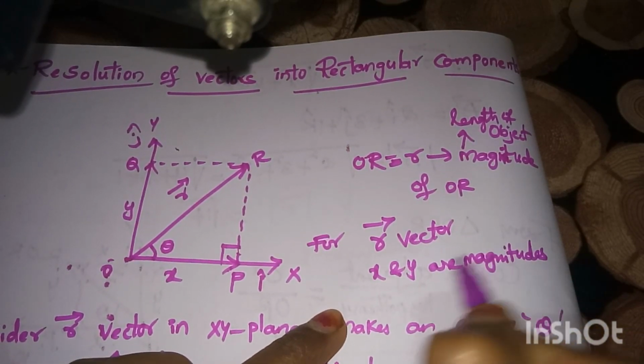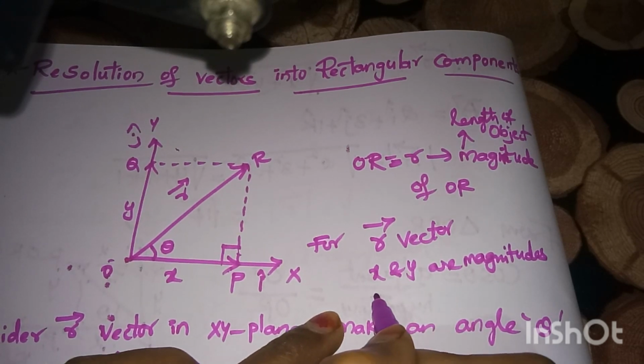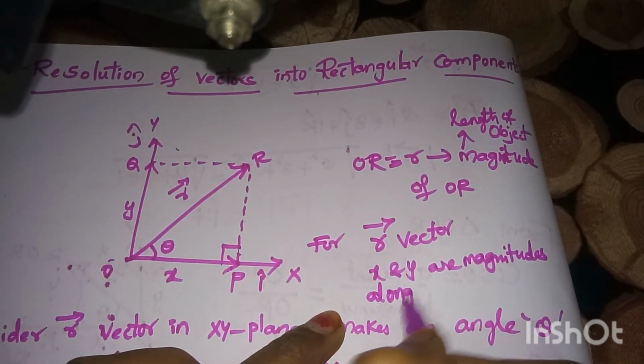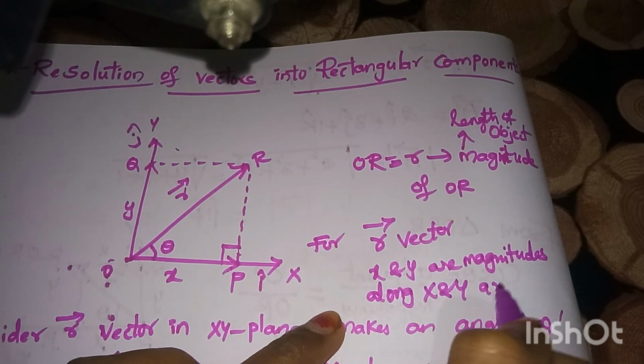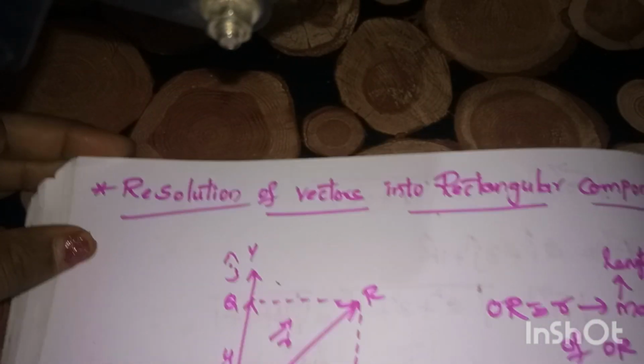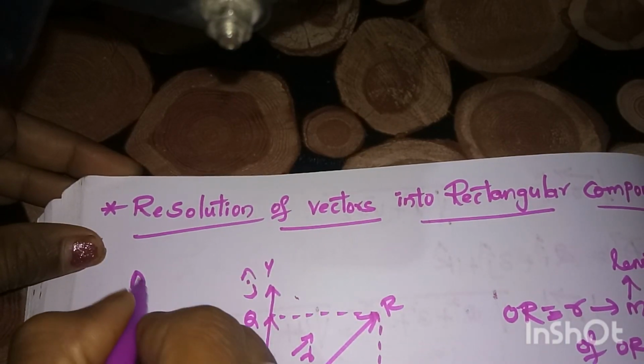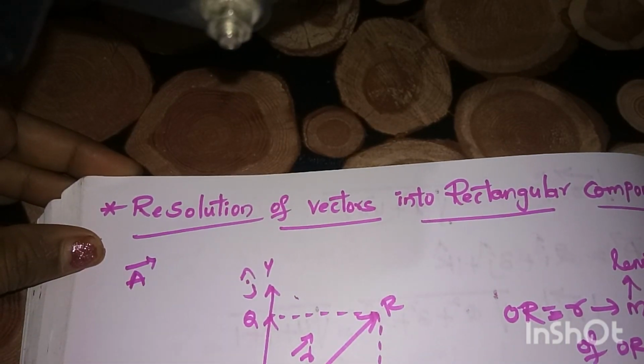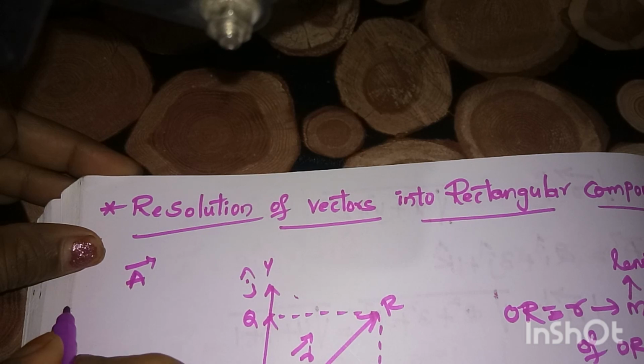Magnitudes means length traveled by the body along x and y axis. For suppose if we take a vector a bar, what will be the magnitudes along xy axis?